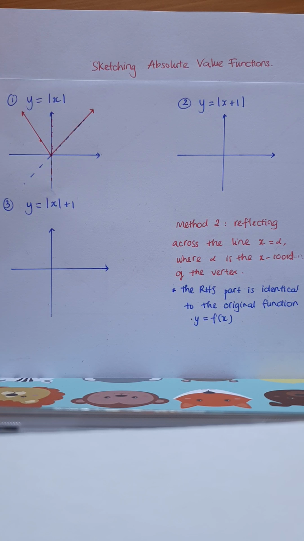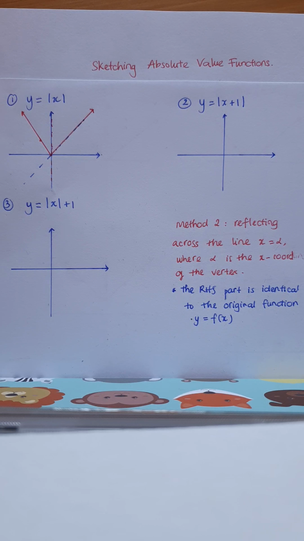Okay, the second method that I want to introduce to you is to use reflections, since we mentioned the word vertex from our first method. And if we can find a vertex, I mean we can find a mirror line, and we can just reflect our original function through this mirror line. So the idea is to find the mirror line first by using our vertex.